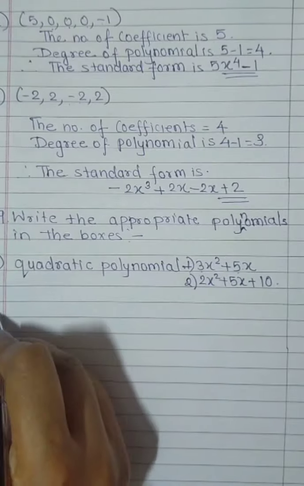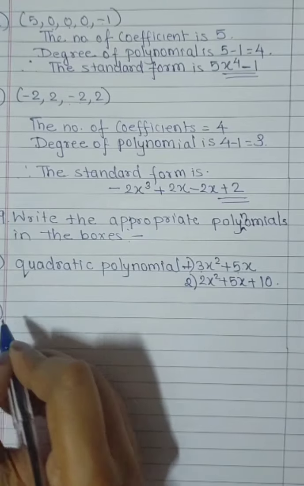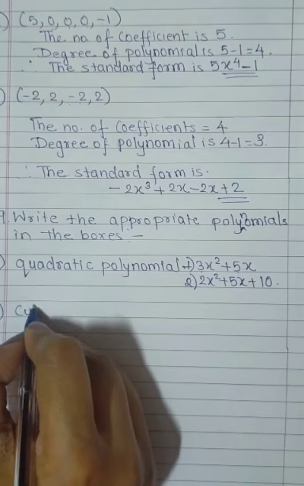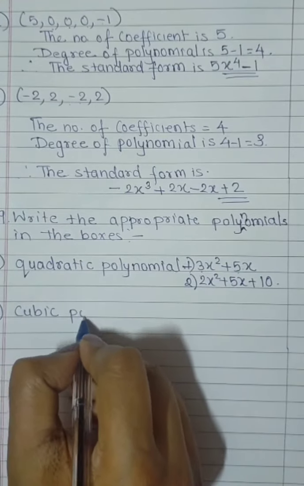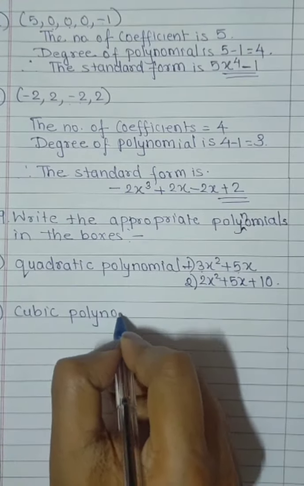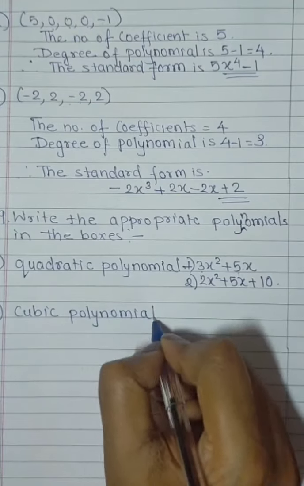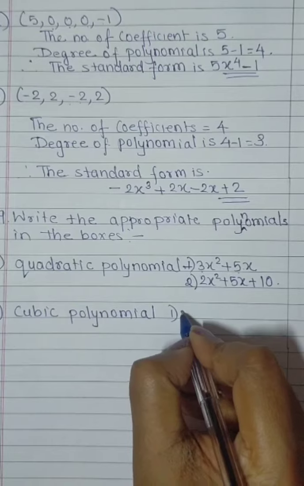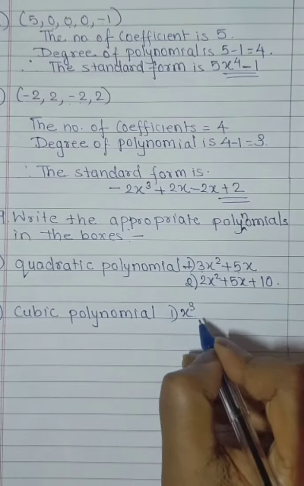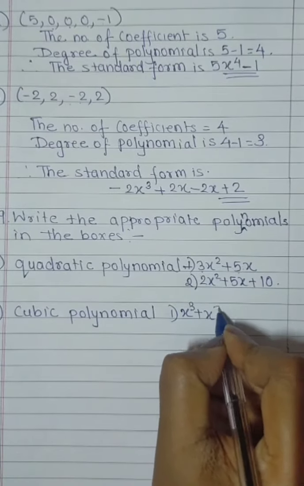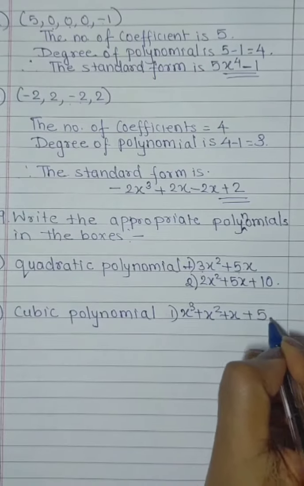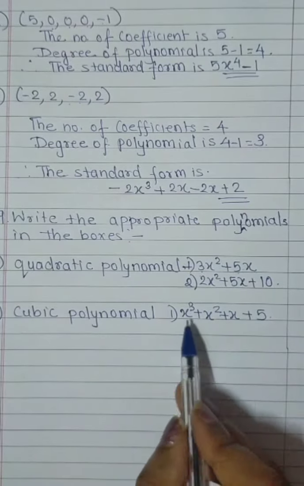Okay, now the second category, that is cubic polynomial. Here the first one that will come is x³ + x² + x + 5. Okay, this is the first equation. Why?